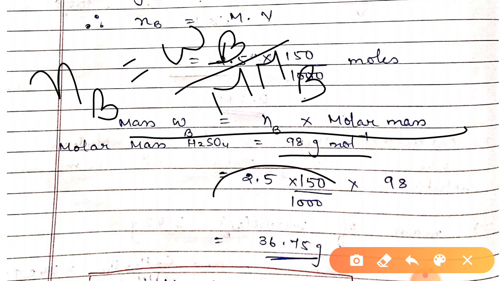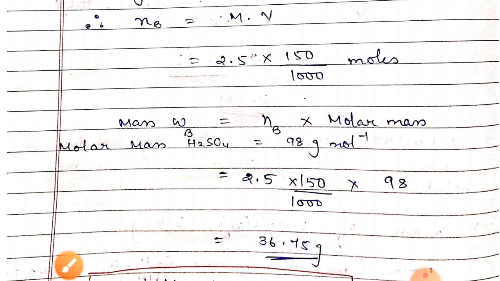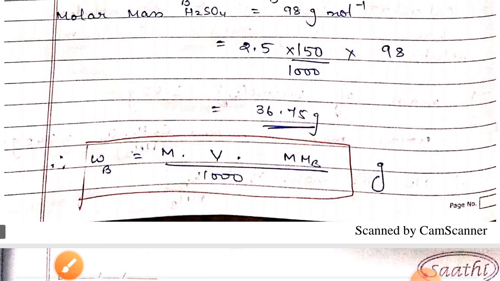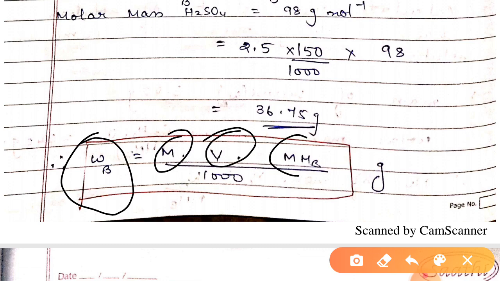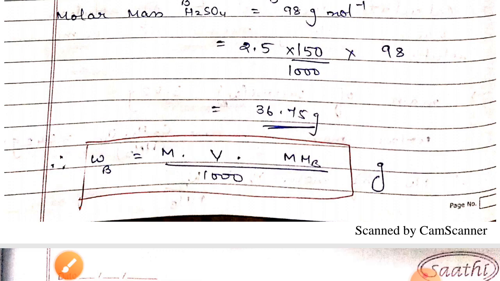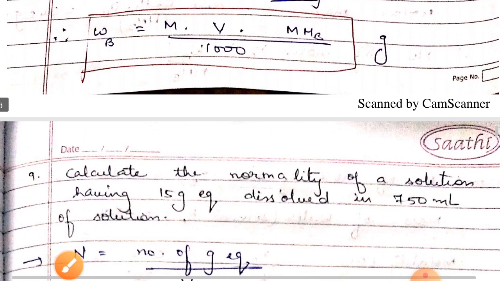So number of moles into molar mass will give you the mass. So a direct equation to find the mass, that is mass of solute is equal to molarity into volume into molecular mass divided by 1000. When to divide? When the volume is in milliliter. To convert that milliliter to liter, we divide by 1000. So this is a direct equation.